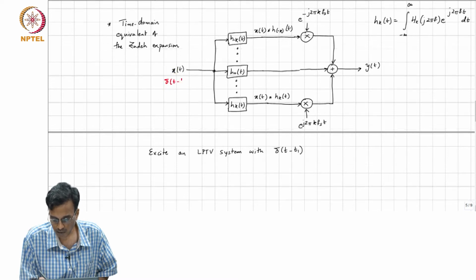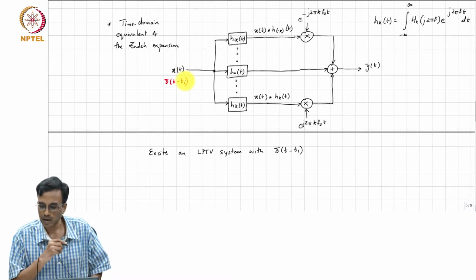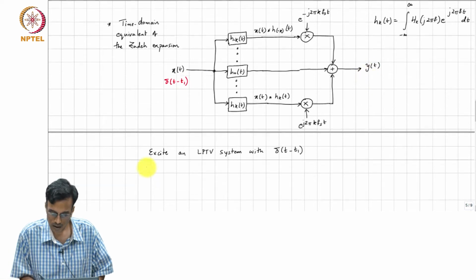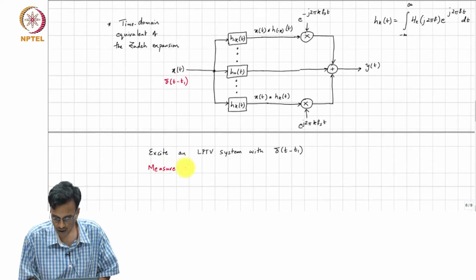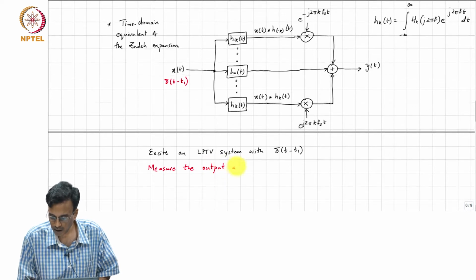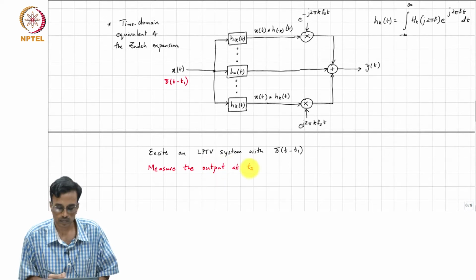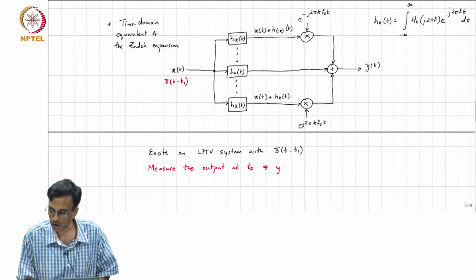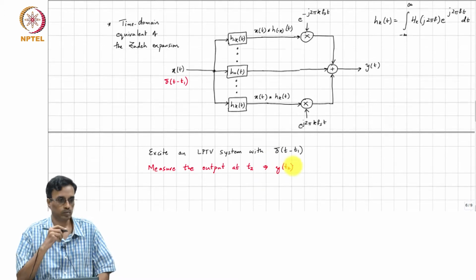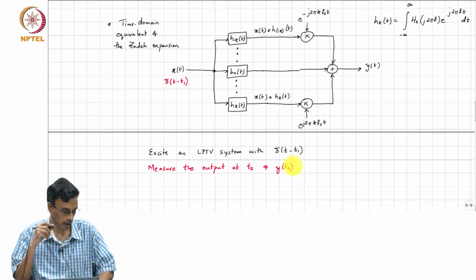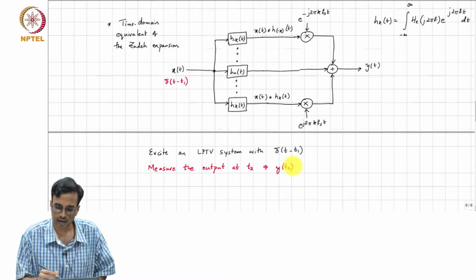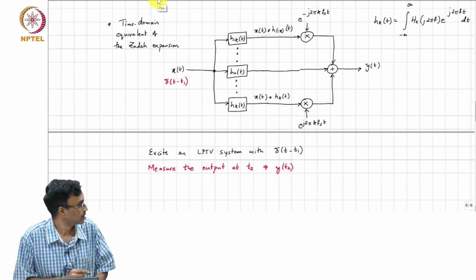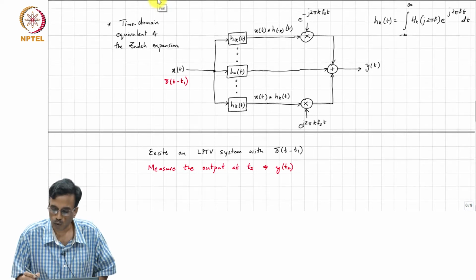This is delta of t minus t1, and let us say I am interested in measuring the output at t2. So, in other words, y of t2.